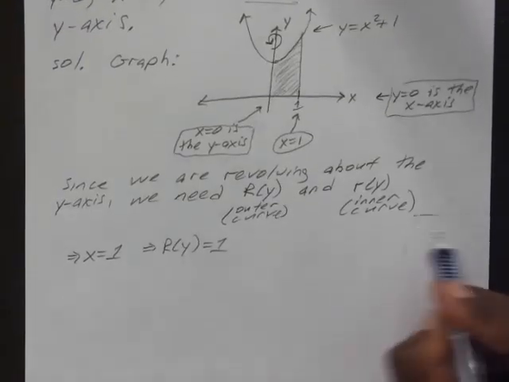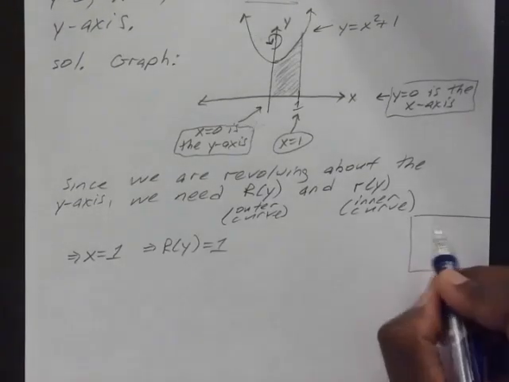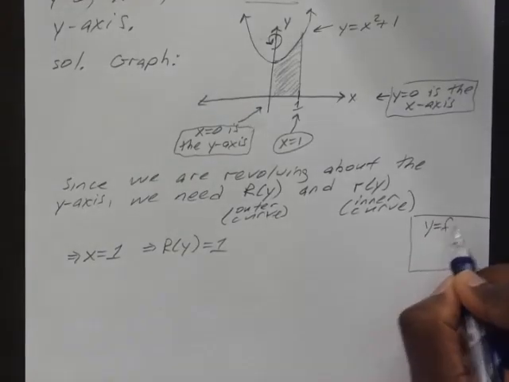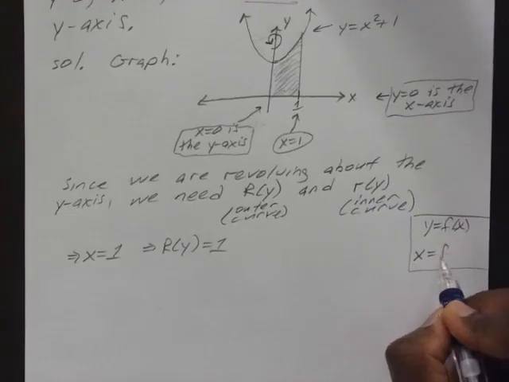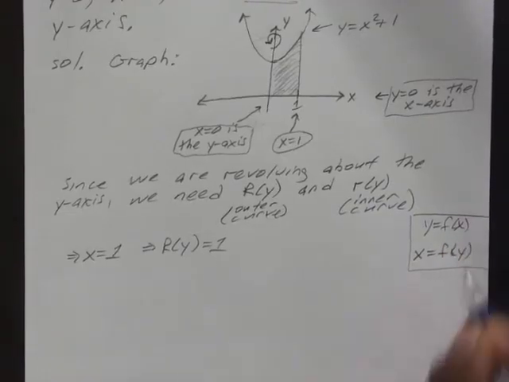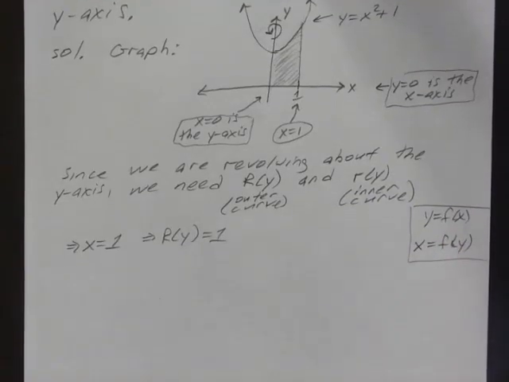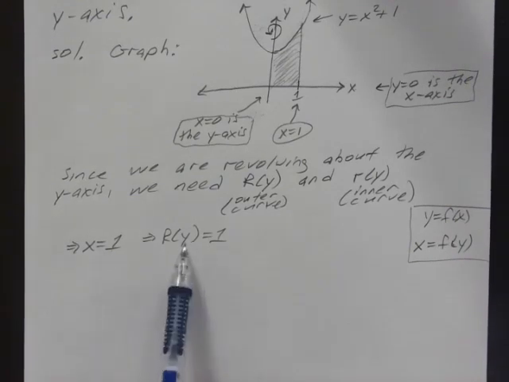Because remember, the same way we have y is equal to f of x, we have x is equal to f of y. So we can just change that x is equal to 1 to our function of y is equal to 1. Same thing.